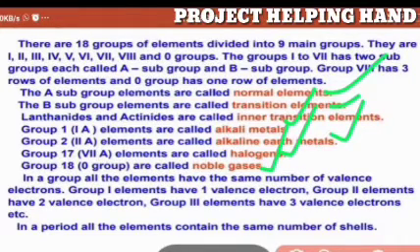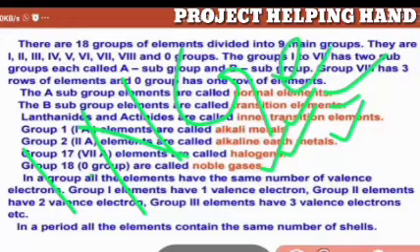What are noble gases? Noble gas elements are very stable elements. They don't have free electrons. Group 18 elements are also called zero group, because they are all noble gases. They are sometimes also called inert gas elements.